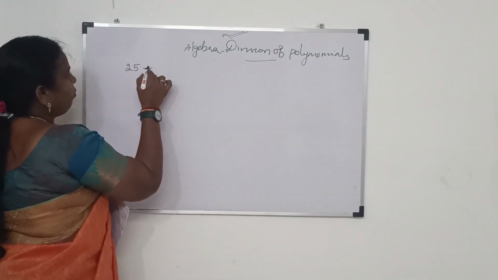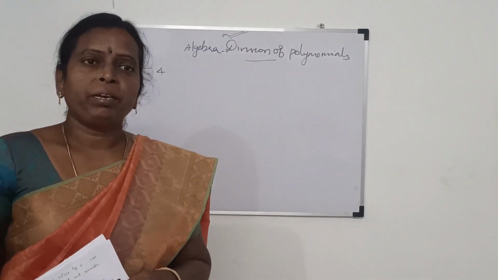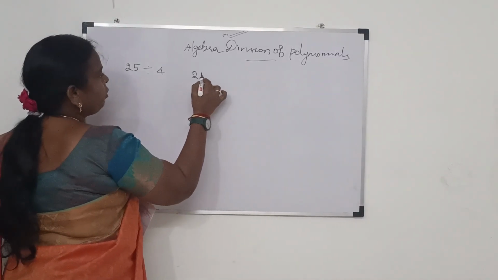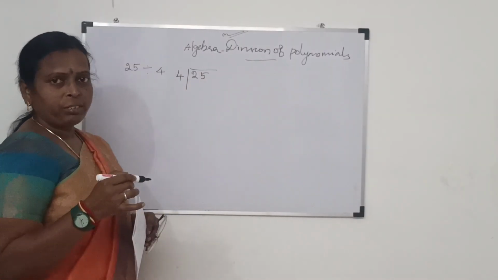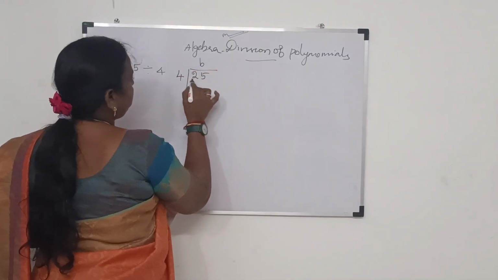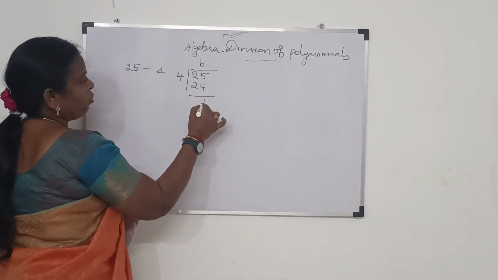25 divided by 4. So when you divide 25 by 4, what can you get? If it is a normal division method, 25 by 4, how many 4s are there in 25? 6 4s are 24. So what is the remainder here? 5 minus 4, 1.